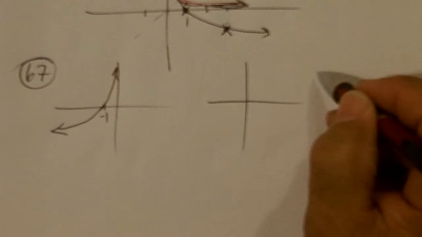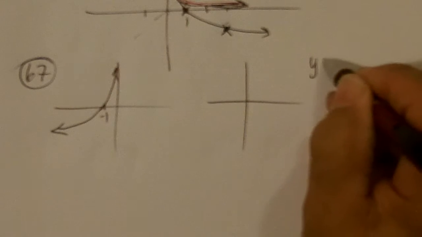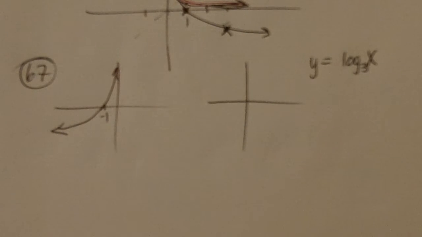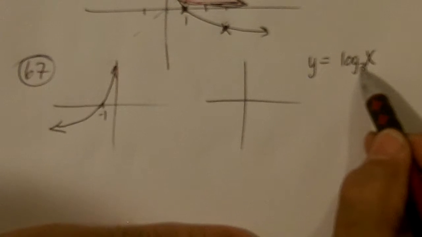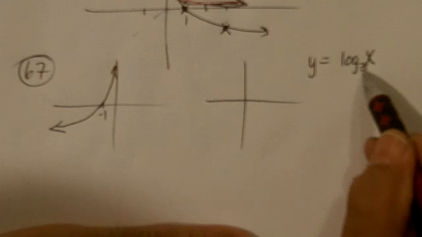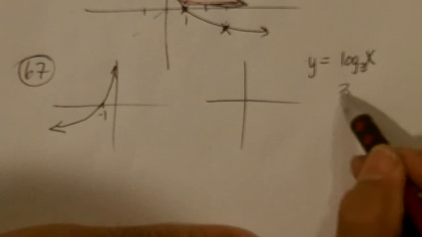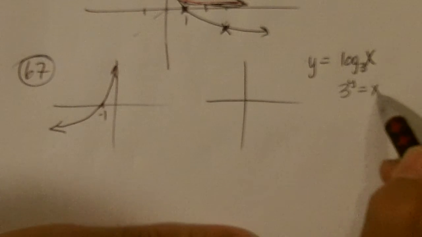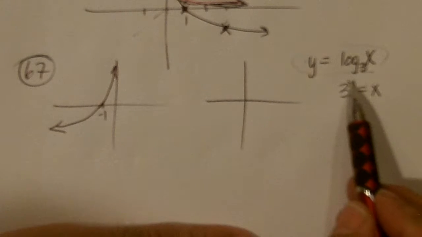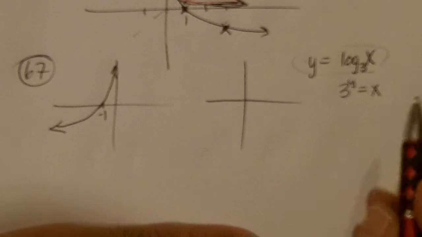These are all in base 3, so y equals log base 3 of x. So this is kind of the reverse of 3 to the y equals x. That's what this means. So to graph this, it'd be easier to say, let's find a y and figure out what the x is.